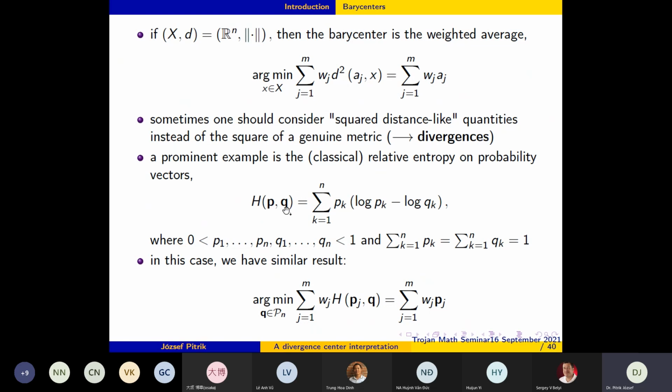Here, the boldface P and Q stand for probability vectors with entries p1, p2, ..., pn and q1, q2, ..., qn, respectively, between 0 and 1, and they sum up to 1. In this case, we have a similar result. That is, the barycenter of probability vectors p_j is their weighted arithmetic mean.